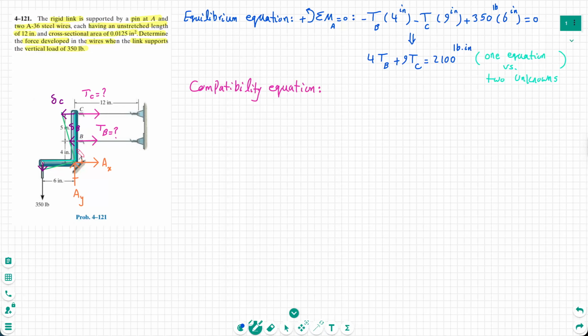As you see, we have an angle here that we call theta, and this angle is exactly the angle that we have here. That is also theta. It is just the rotation of this link about theta. Because theta and other deformations are small, I can say all the displacements and rotations are very small.